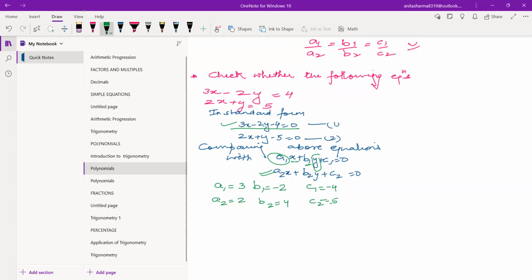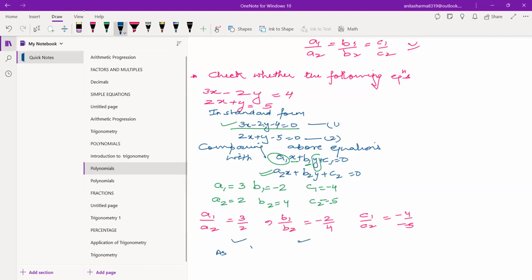Now our next step will be that you will find the ratios. So find a1 upon a2, 3 by 2. Then find b1 upon b2, it will be minus 2 by 4. c1 upon c2 is minus 4 by 5. Right? Now just tell me, children, whether they are equal. a1 by a2 is not equal to b1 by b2.